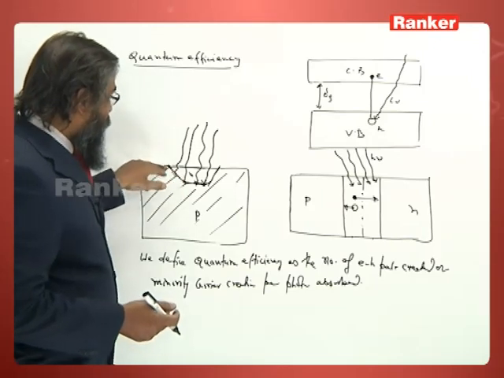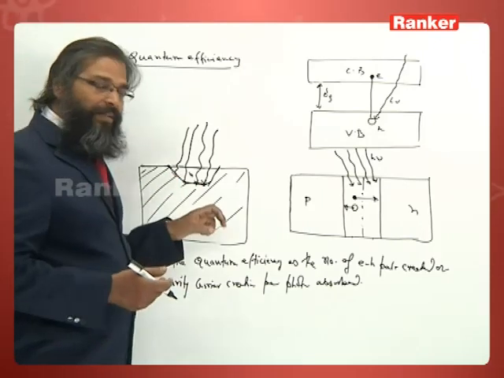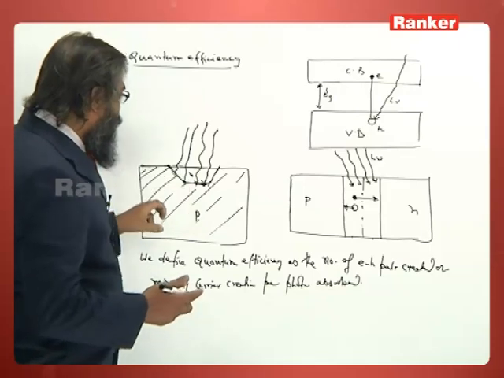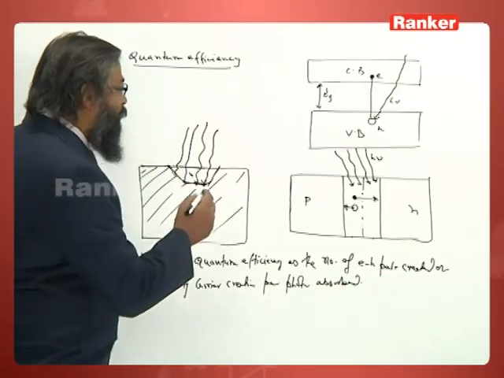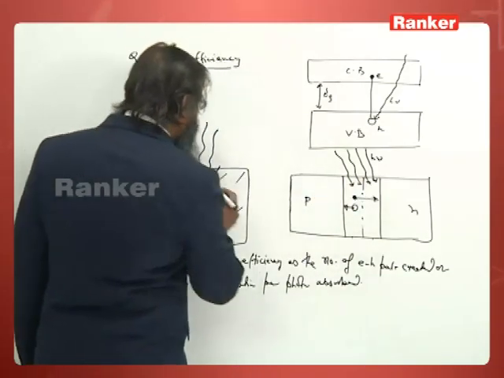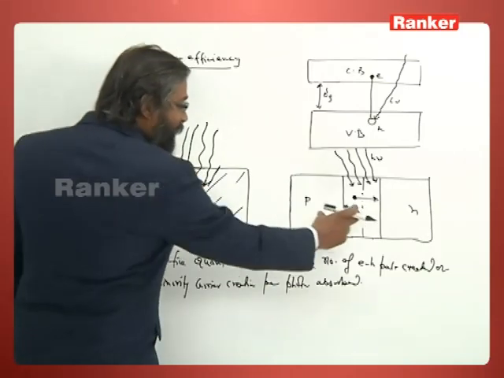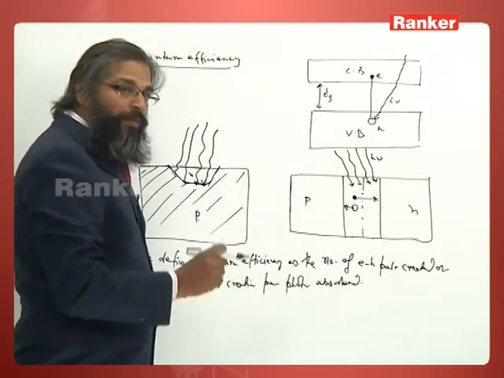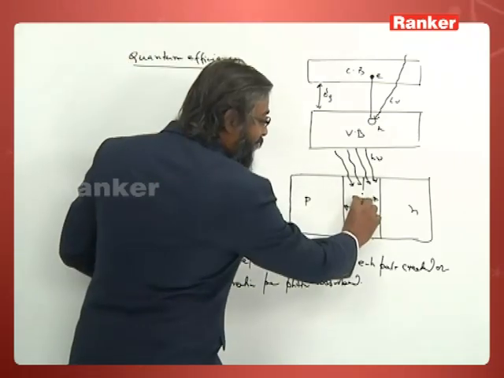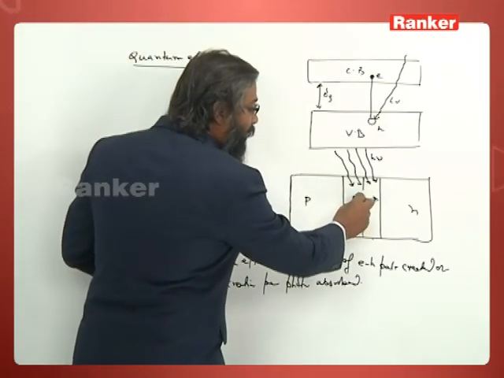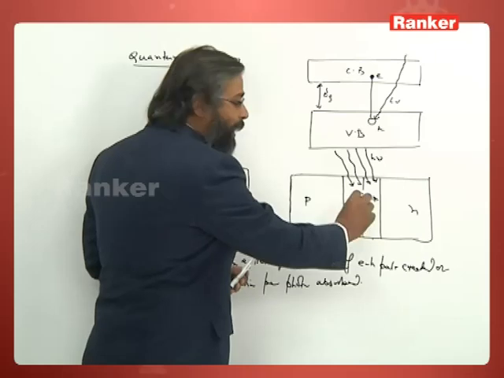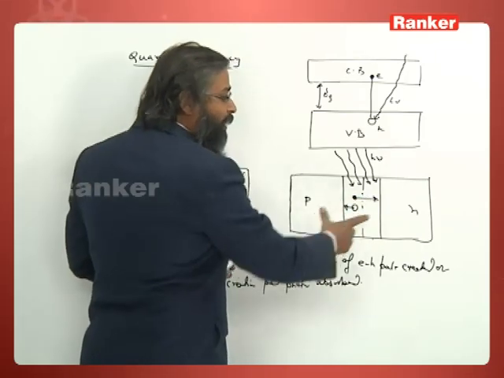Second, the electron hole pair creation, the photon absorption should take place in the depletion layer, and the depletion layer width should be so small that before the holes and the electrons recombine again, they must be swept by the high junction field.